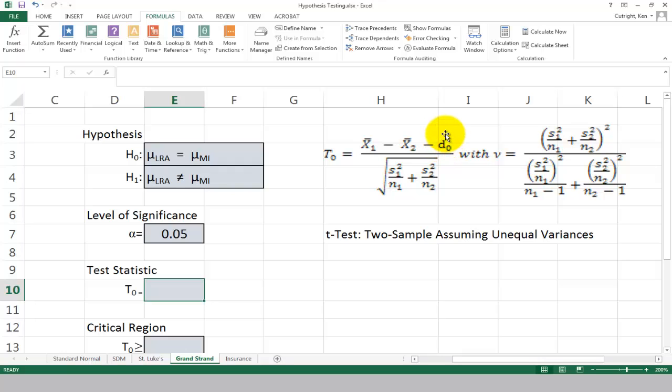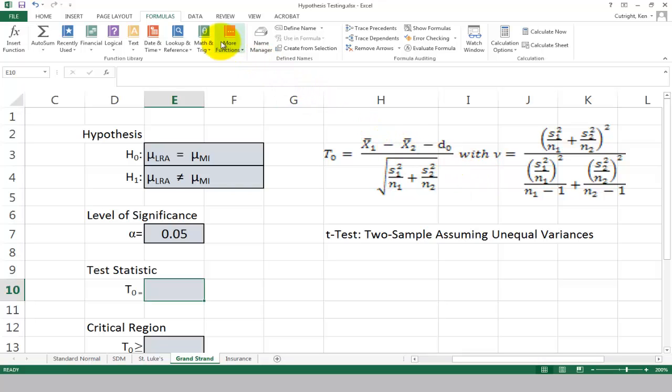But we didn't say that, so this number is 0. And these are the sample standard deviations down here. This is the formula for calculating the degrees of freedom. So this looks a little bit cumbersome, and in fact it is, but the nice thing about it is that Excel will do this work for us.